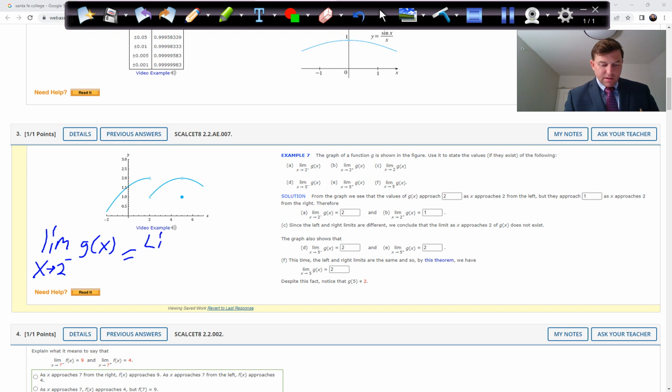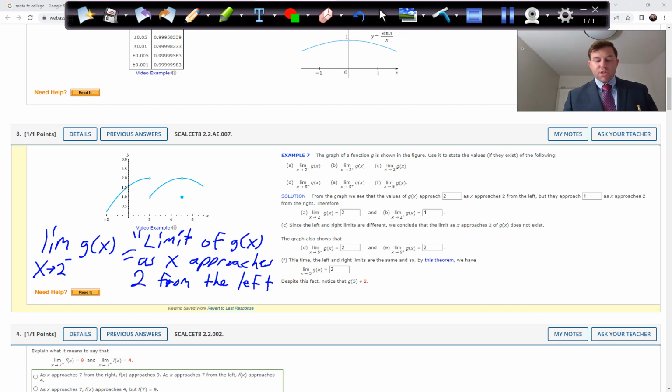This is the limit of g of x as x approaches 2 from the left.